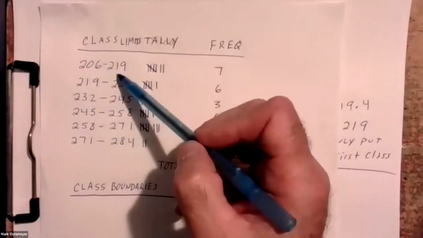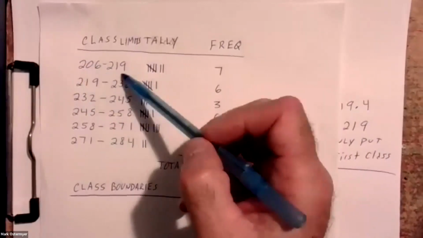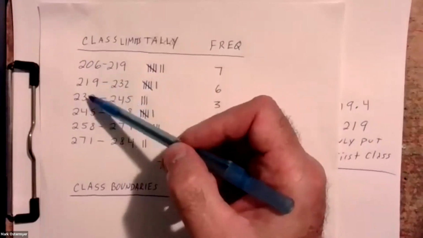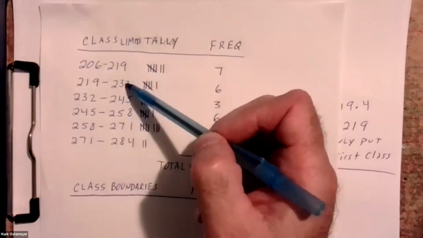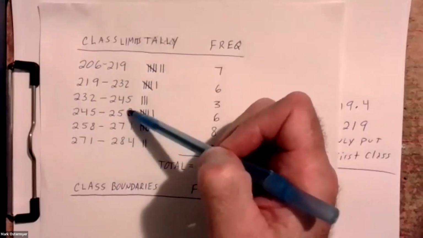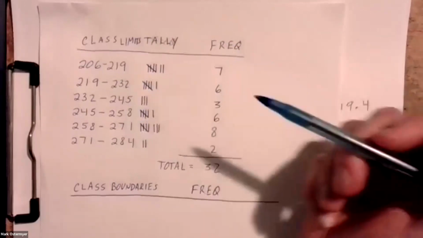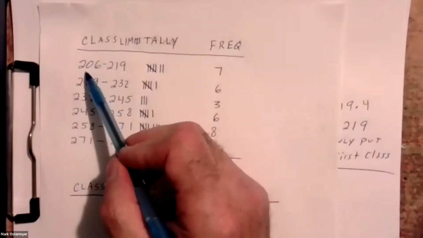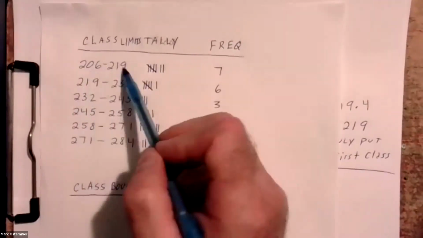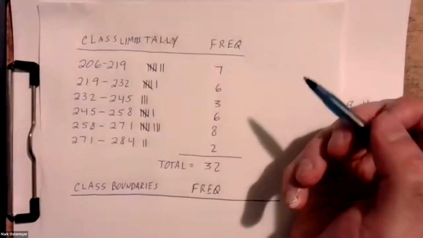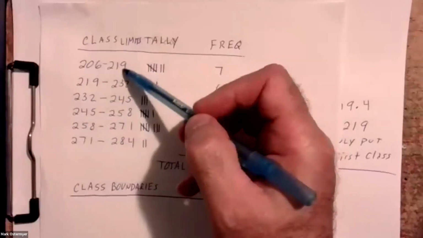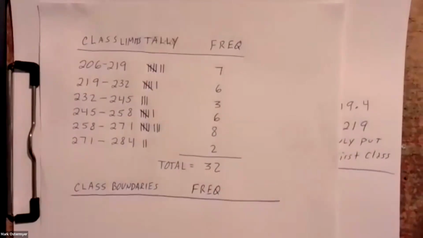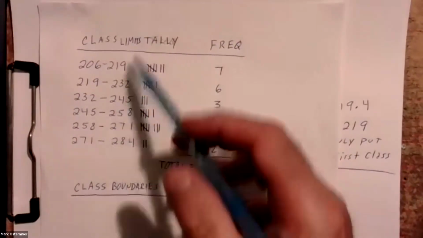Or if you have class boundaries, you take the difference between the class boundaries. So these all had better be separated by 13, correct? That's how we determine the width. We don't determine the width with class limits by taking the difference between the upper and lower limit. Not with class limits. So these have to be 13 apart, and I believe they are.